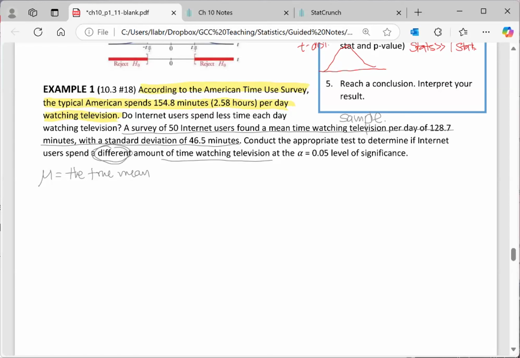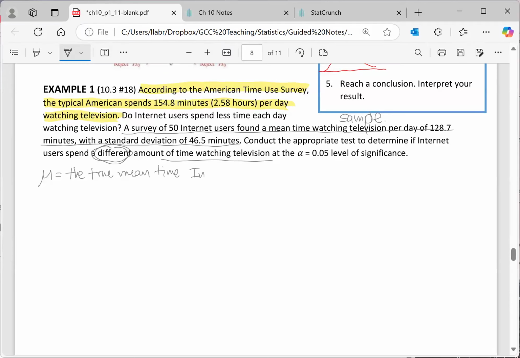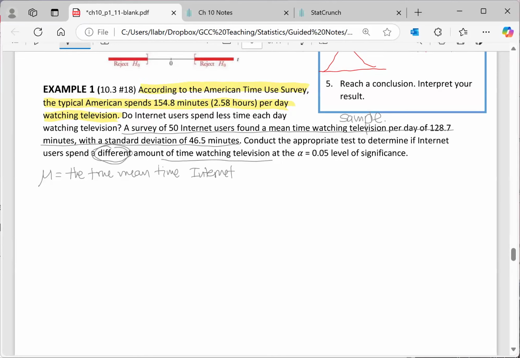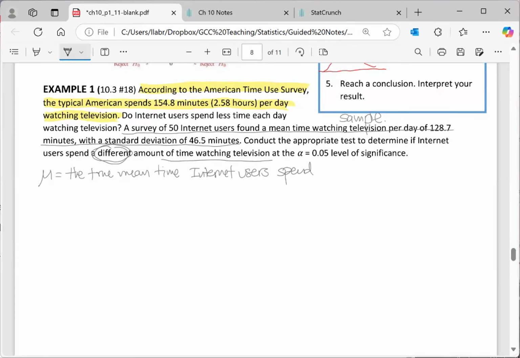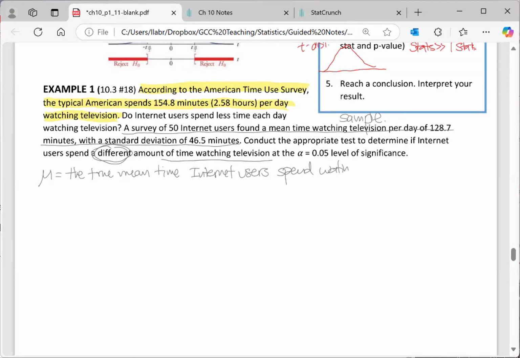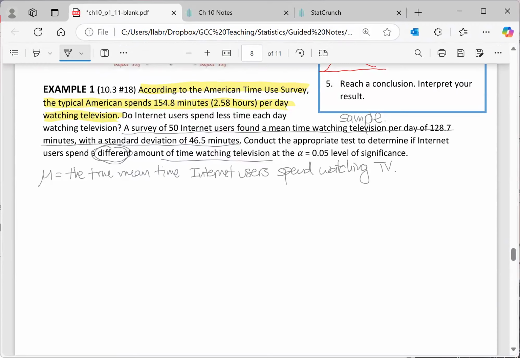Here it's all internet users spend watching TV. All right, so there's my parameter.